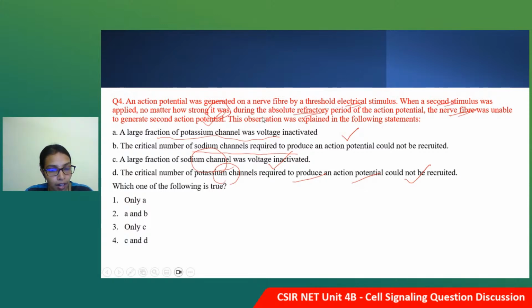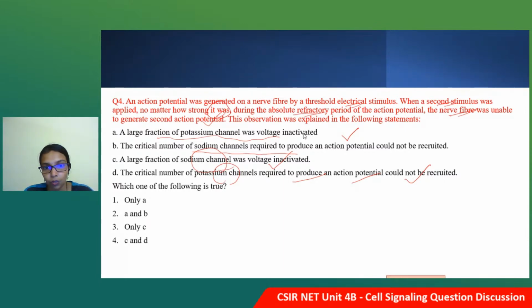What do you mean by absolute refractory period of an action potential, and in which stage will you find this refractory period coming? Okay, there is some confusion for Sunshine, between the depolarization and repolarization event.